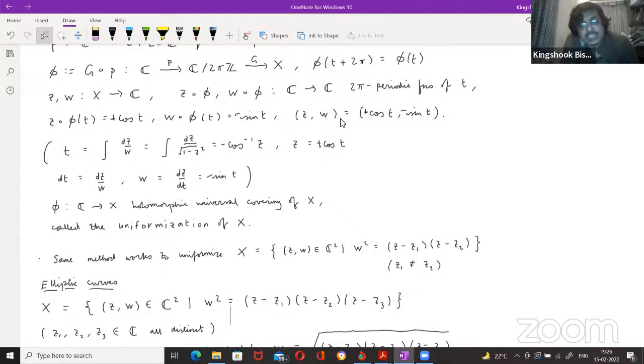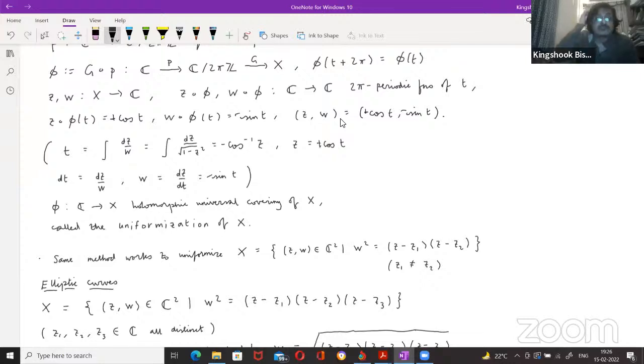So what we did is we inverted the abelian integral, and then we composed with the quotient map from C to C modulo 2 pi z. And so we get a map from C to X, which is 2 pi periodic. And this map is in fact a holomorphic map, which is the universal covering of X. So this map is called the uniformization of X. Okay.